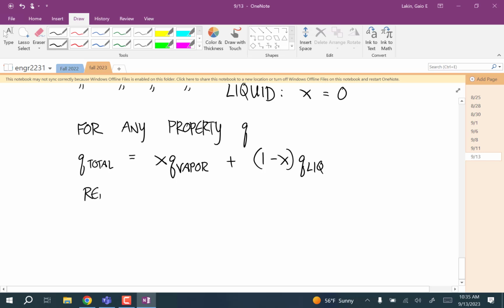So now you can replace this variable Q with whatever property you're looking for. This works for specific internal energy, pressure, temperature, specific entropy, specific enthalpy, and on and on. Any property that you can look up in the table, once you know the quality of your saturated mix, you can use this equation to calculate the specific property of the entire mixture.